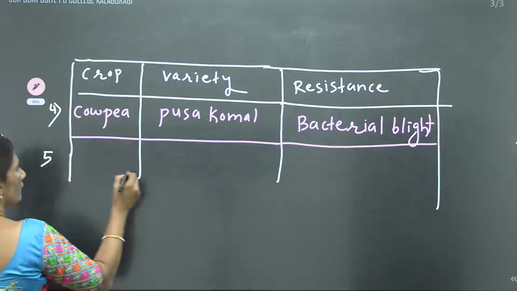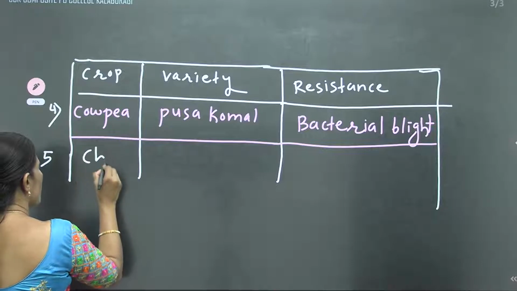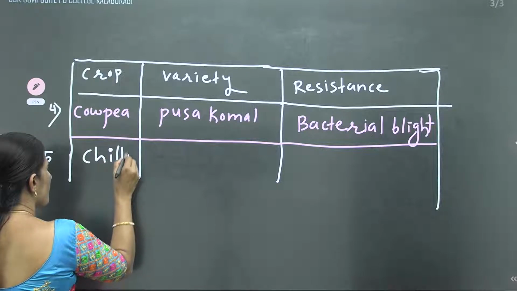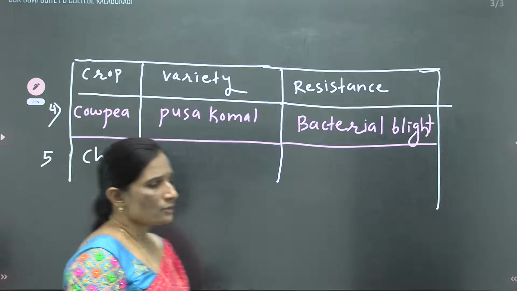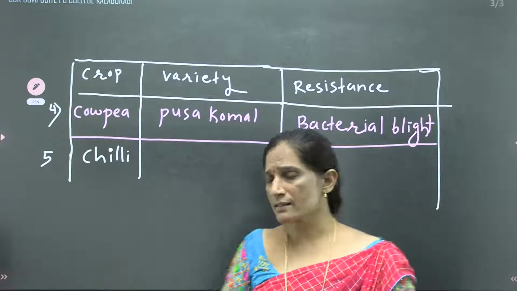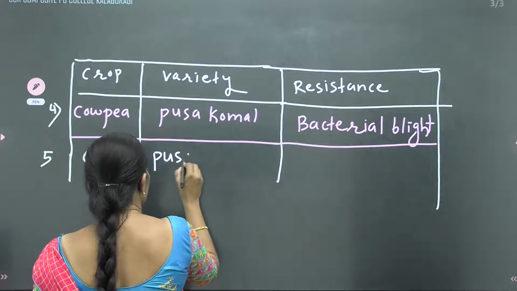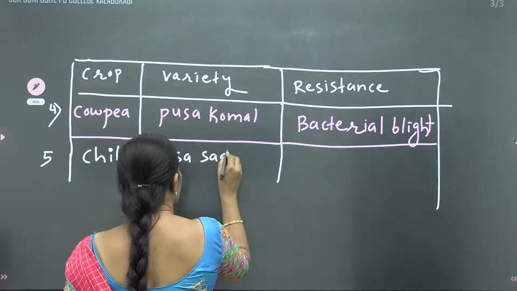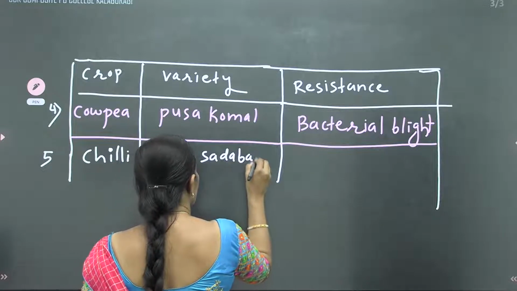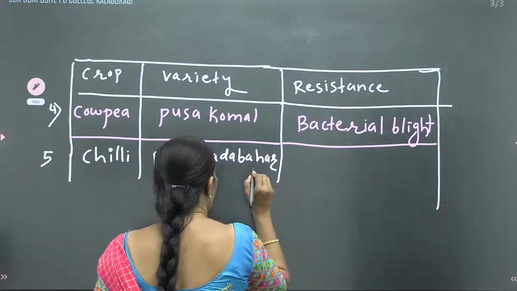The fifth one is the chili. So the variety of chili is Pusa sadabahar.